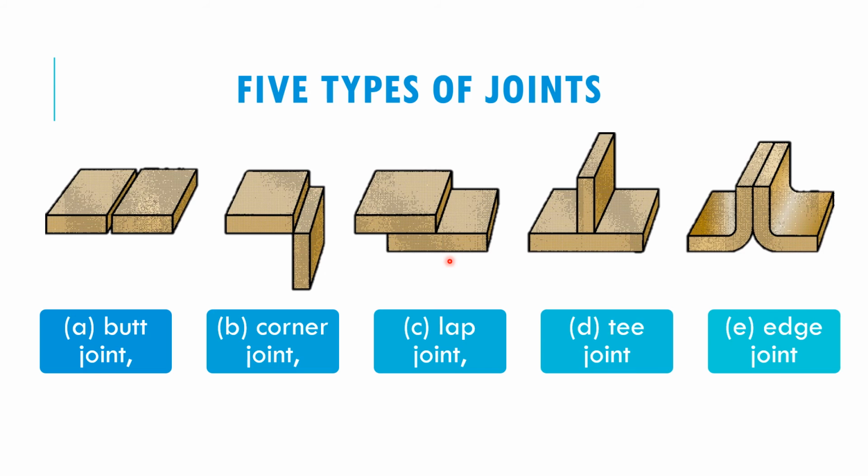Then we have the lap joint, like people sitting on the lap, right? That's why it's called a lap joint. Then the T joint, because the shape is like a T. And then the edge joint. This is where the weld will happen.